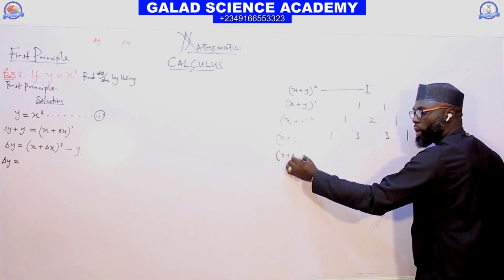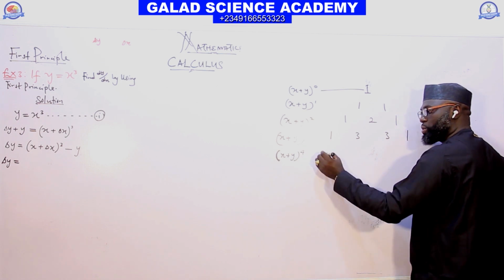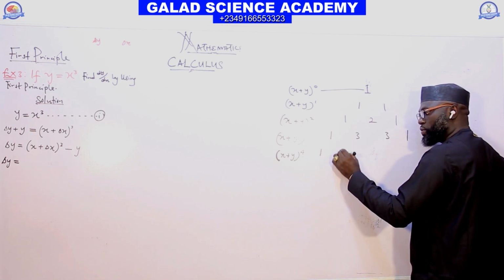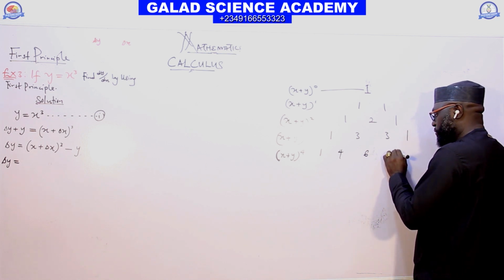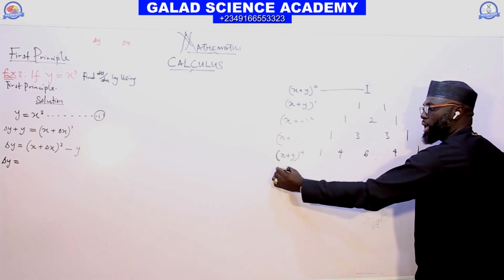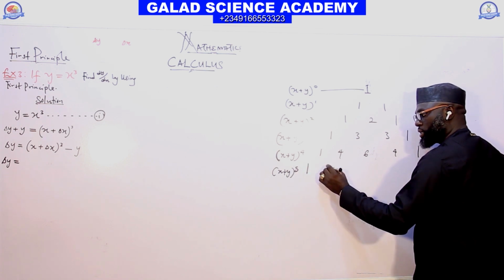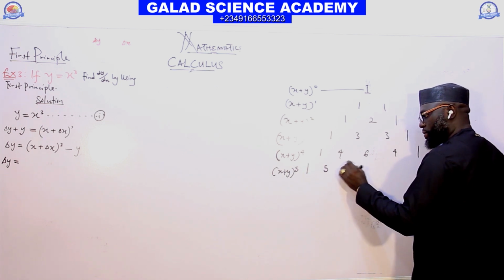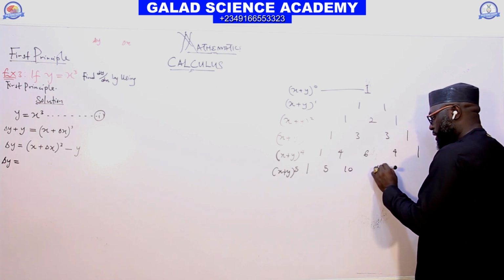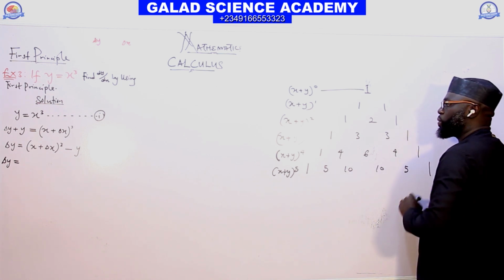x plus y raised to the power 4 will be 1, 4, 6, 4, 1. x plus y raised to the power 5 is 1, 5, 10, 10, 5, 1.